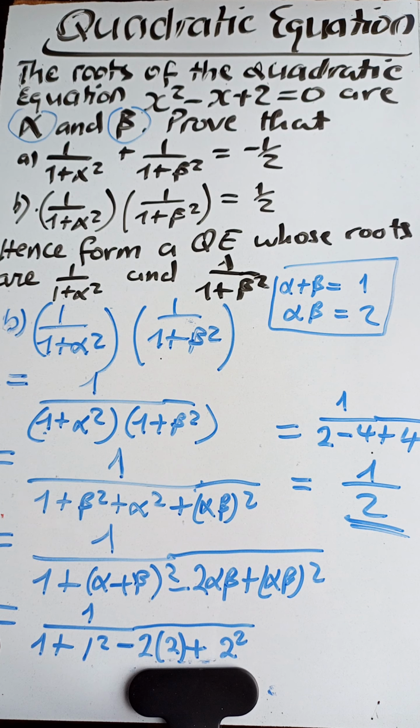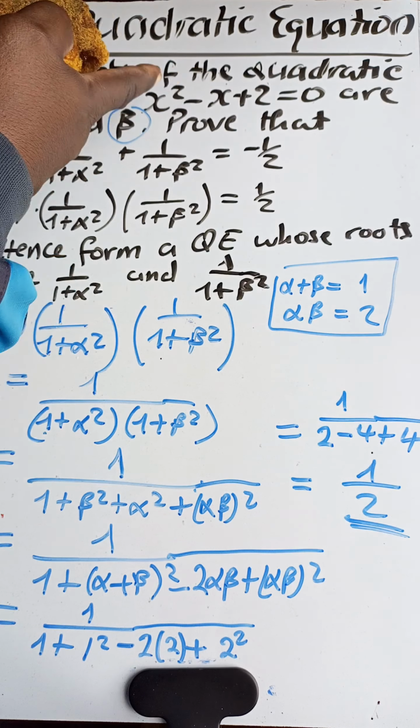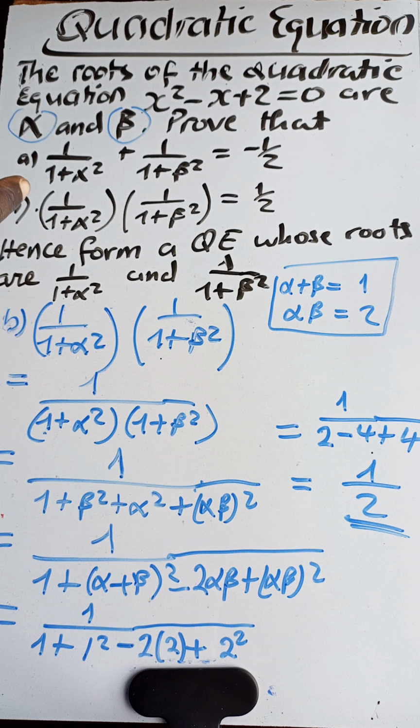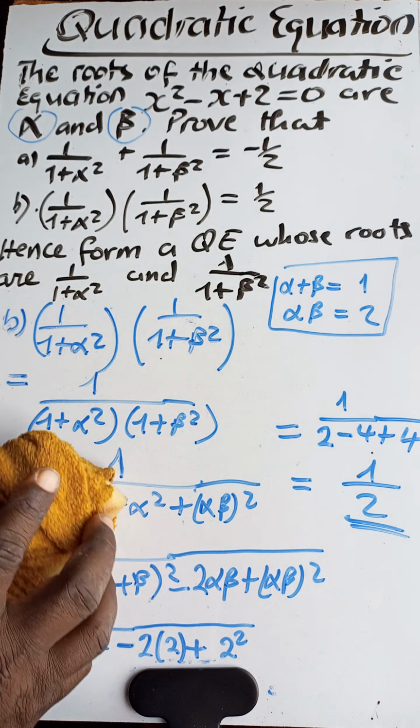So let us go ahead now and do the last part, which is to form the new quadratic equation that has this root. Remember, this is the original quadratic equation whose roots were alpha and beta. Now we want to form a new quadratic equation having this information, but the new quadratic roots are this expression and that expression.